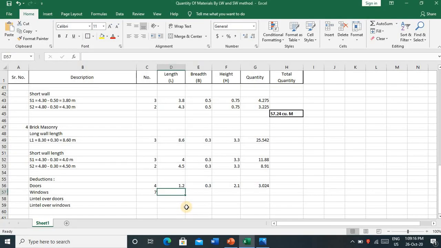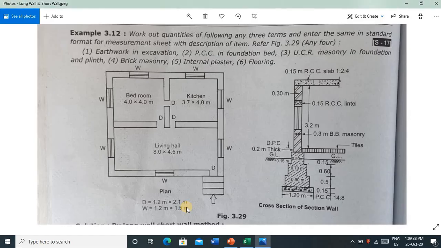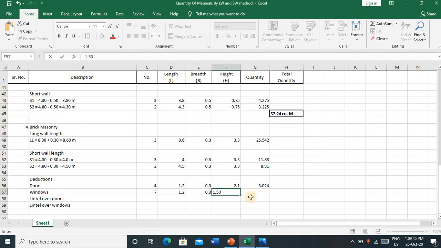Again breadth is same because it is fitted in between the brickwork, so the breadth is 0.3, height is 1.50. Already we have seen here. Again we will see 1.2 into 1.5, height is 1.5 and total quantity is 3.78.